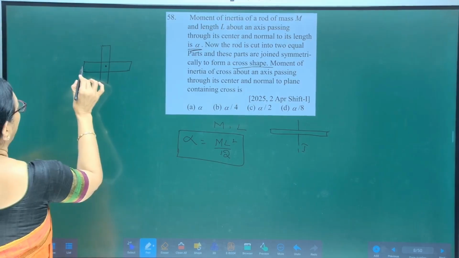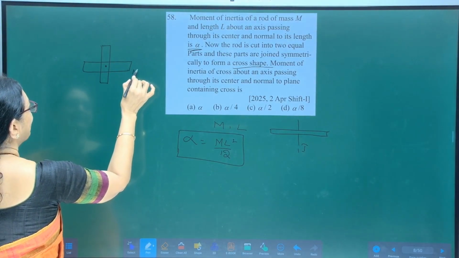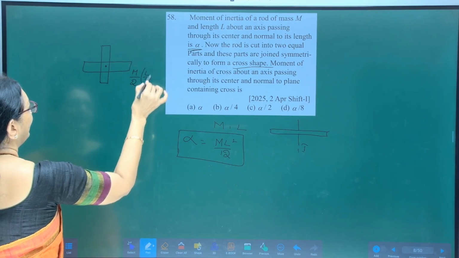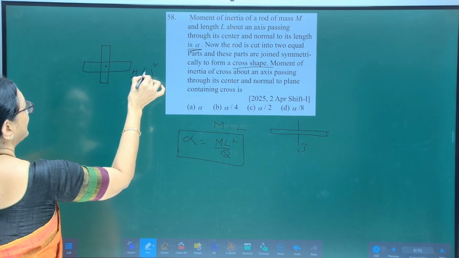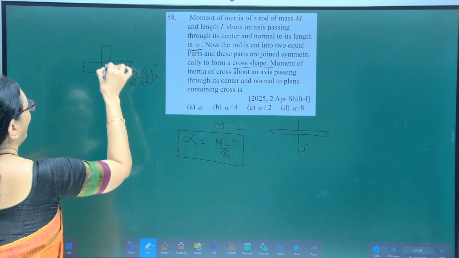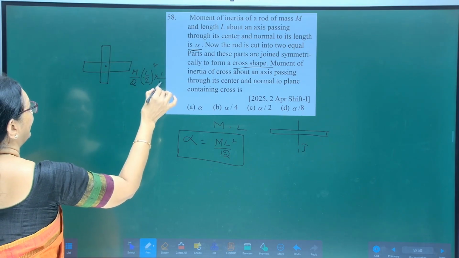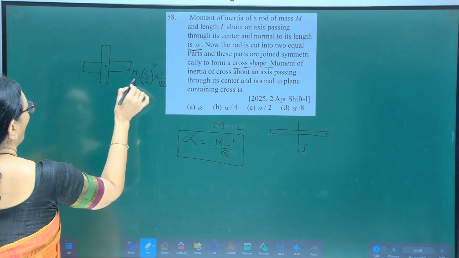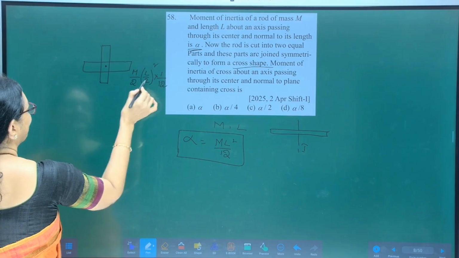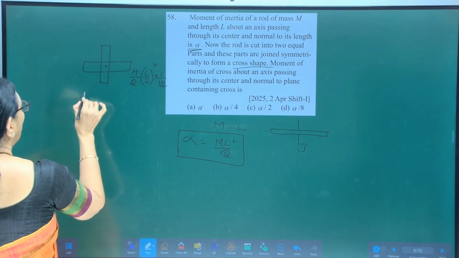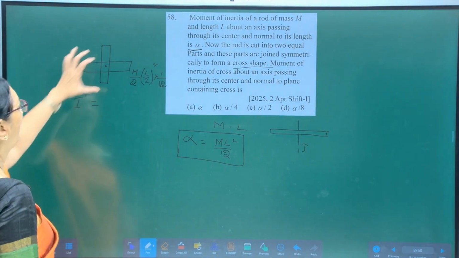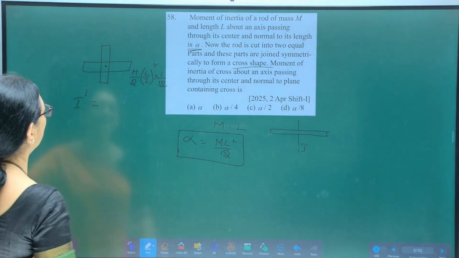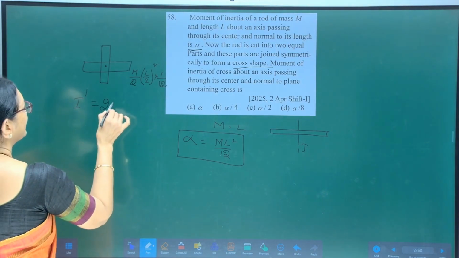Look here, for this, mass is m by 2, length is L by 2, so ml square becomes m by 2 into L by 2 whole square. About any axis through its center, the formula is ml square by 12. So, moment of inertia of each rod is this much. So, the new moment of inertia of this system about an axis passing through the center and perpendicular to the plane is 2 times this.